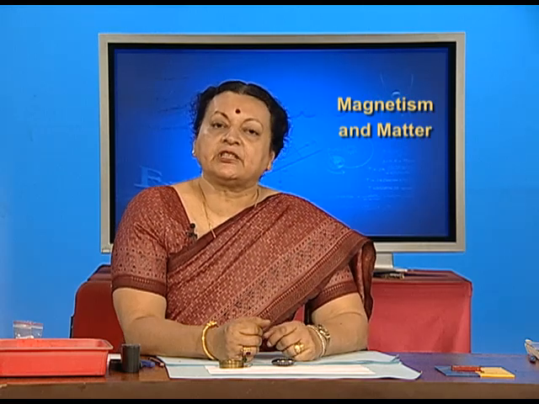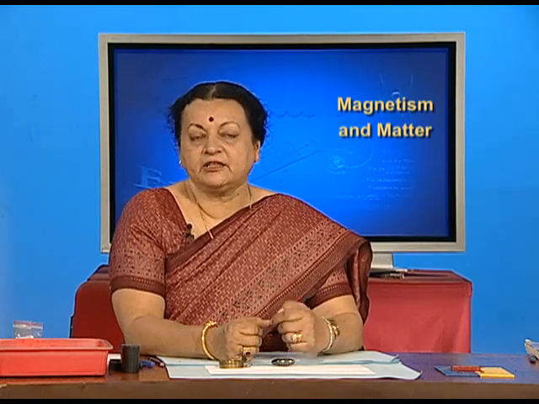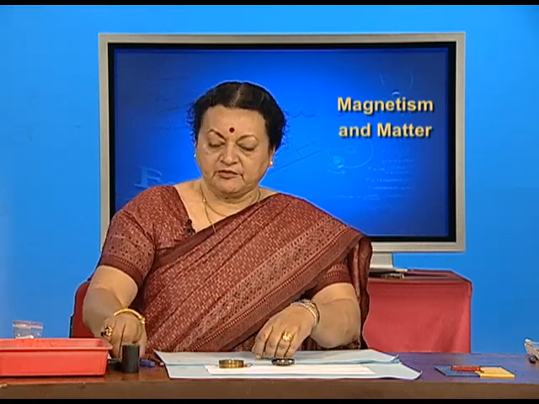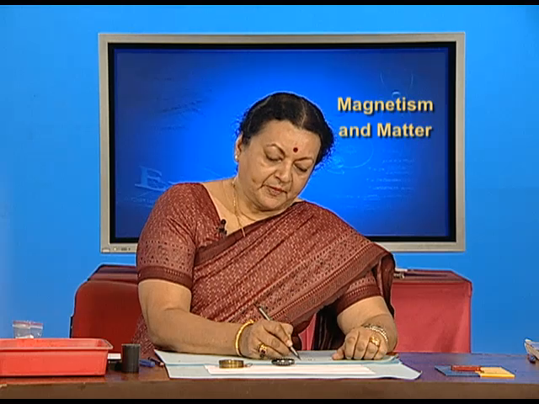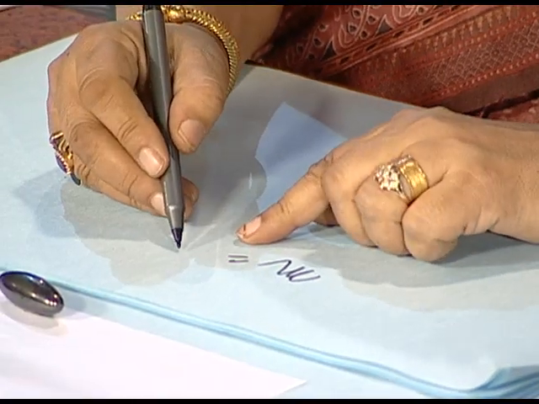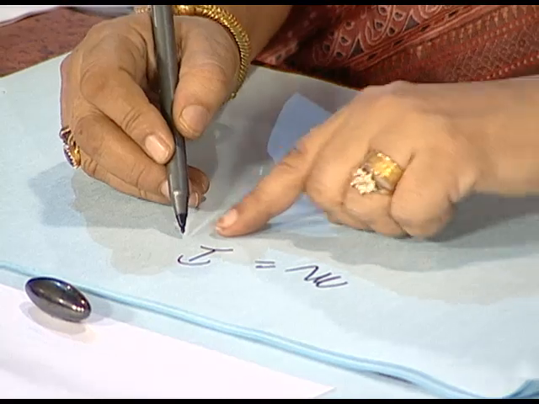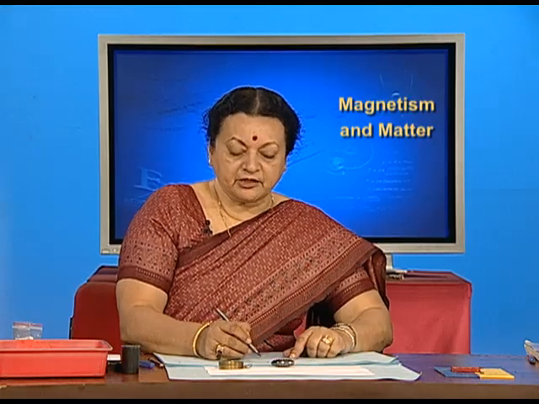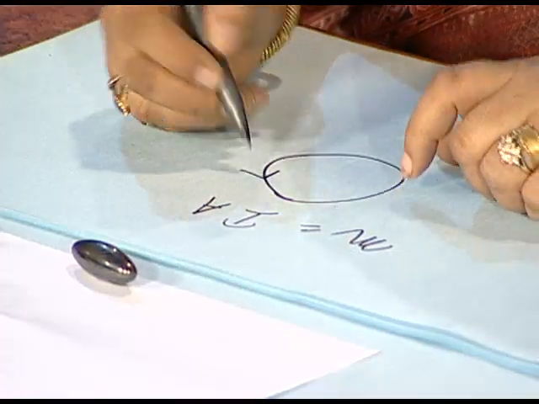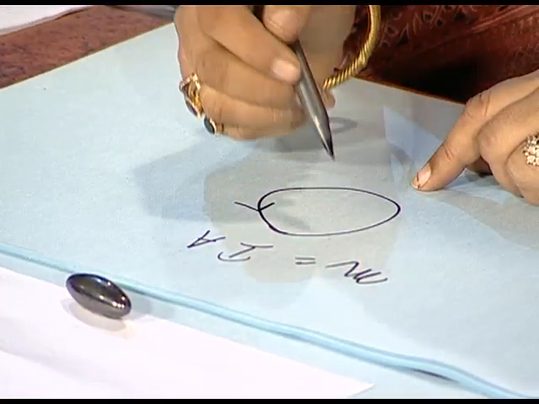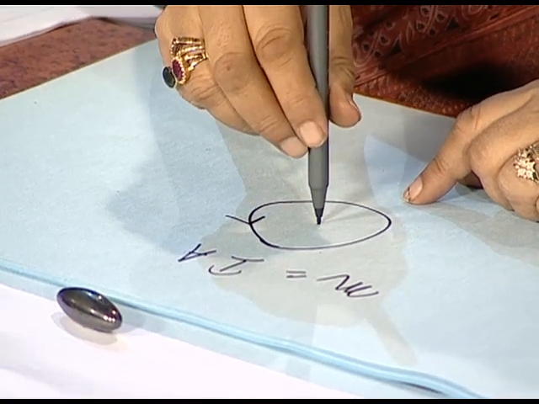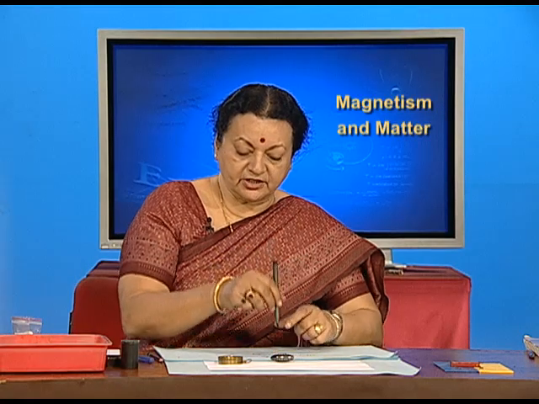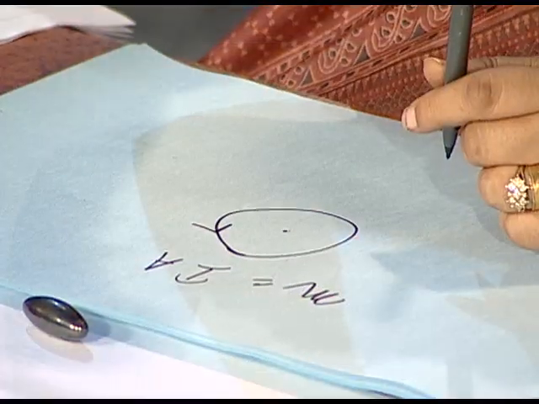Because current is associated with magnetic field, we have talked about magnetic moment, which is given by m. The magnetic moment is equal to the current flowing through a loop times the area vector. The area vector becomes important because if the direction of current in the loop changes, then the area vector, which is the line perpendicular to the plane of the loop, is going to point in this direction and this gives us the field pointing upwards.